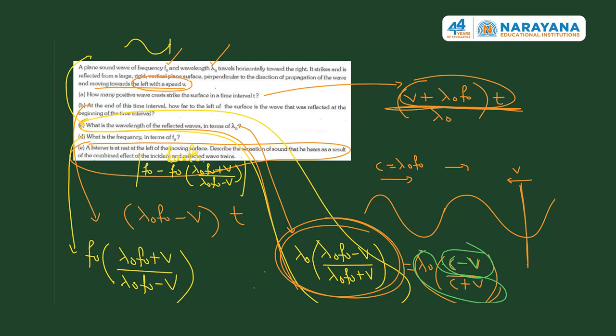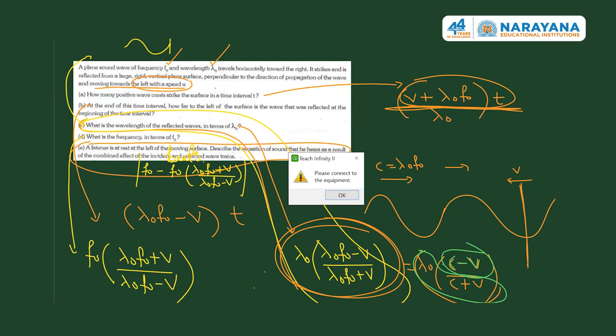If you just look into one pulse, what is the time in which the complete pulse will get absorbed? That time is the length of the pulse. And why this term c plus v? Because the pulse is traveling at c and the wall is traveling at v. So the complete lambda naught will be covered in time lambda naught upon c plus v. Fine.